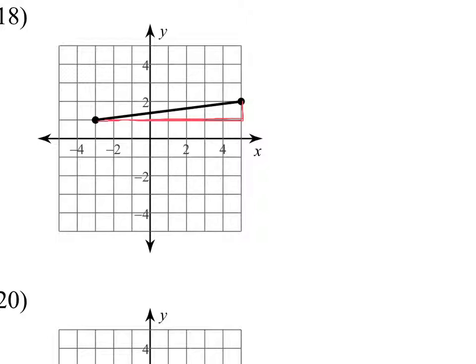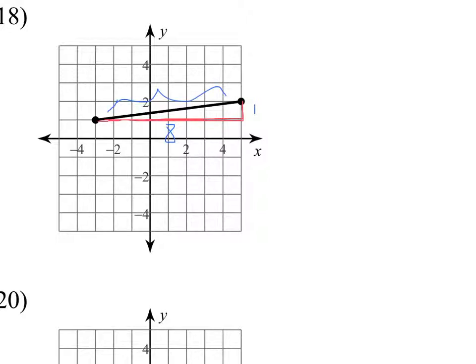If I have vertical and horizontal, I know that I can easily figure out the length of each one. That side is 1 unit high. This side is, I believe, 8 units long. And I'm looking for this.